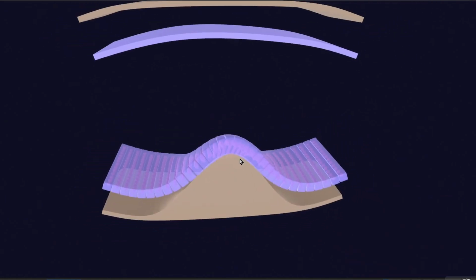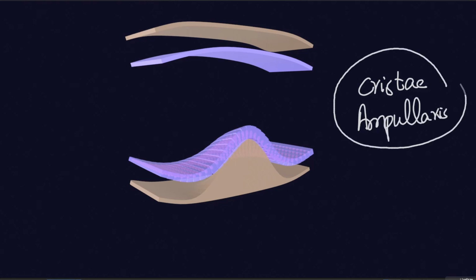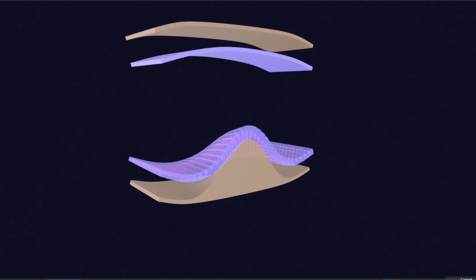And by the way, this crest that has been formed is called crista ampullaris. Let me write it for you. Crista ampullaris, crest of the ampulla of semicircular canal. So this crest-like structure is formed here, which is crista ampullaris.